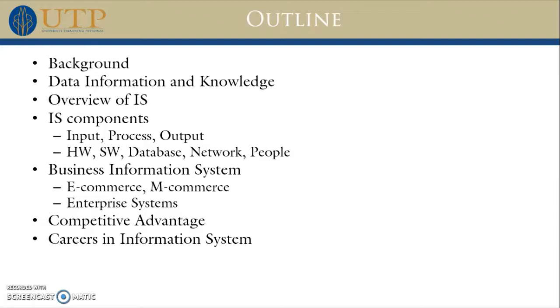Next, I will be talking about the components of system and components of information system. For business information system or BIS, I will cover the types of BIS, and the last subtopics are competitive advantage and careers in information system.